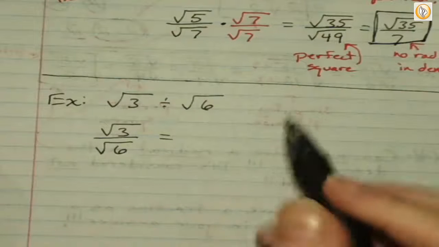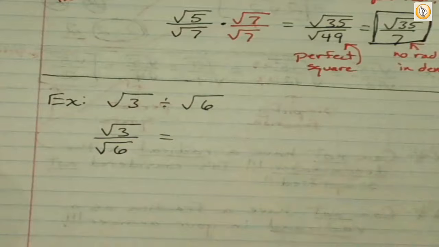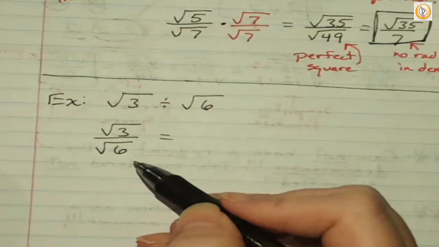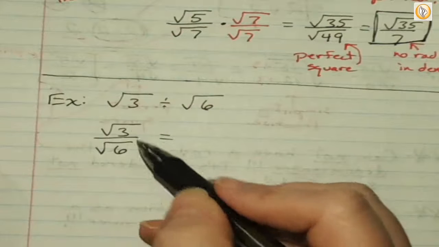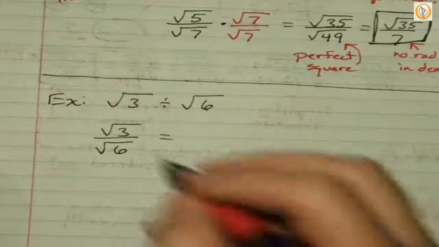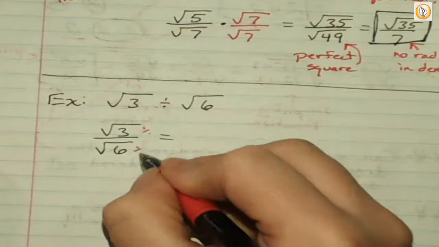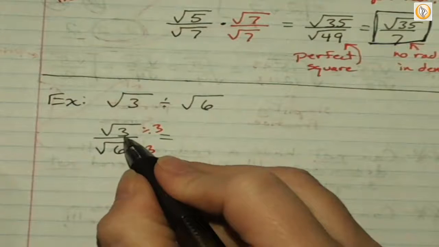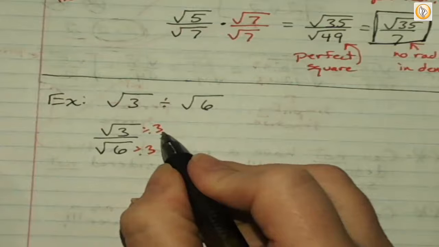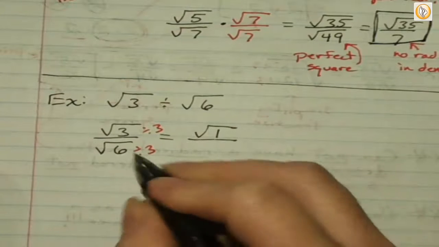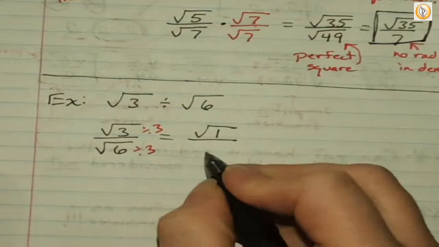This time, let's bypass the big old radical symbol. Let's just see. Can 3 be divided by 6 evenly? No. Can this be simplified? Yes. What do we divide top and bottom by? 3. So then 3 divided by 3 is 1, and 6 divided by 3 is 2.